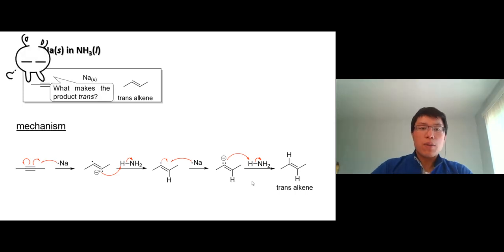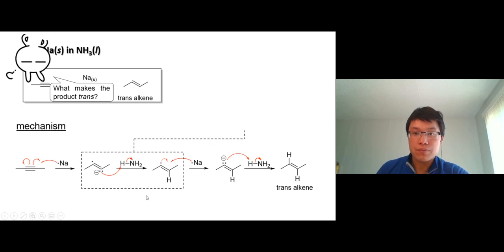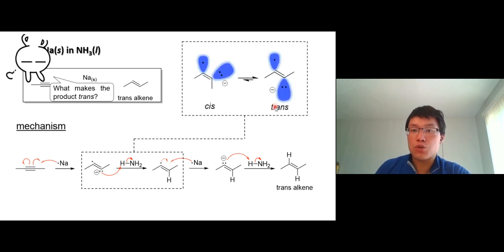Now, what makes this reaction go trans? Can it go cis though? Something controls the stereochemistry. You can go cis and trans, either way, but cis is not as stable as trans because there's an electron repulsion there. So the trans is more stable. So trans is going to go forward and react much faster than the cis.